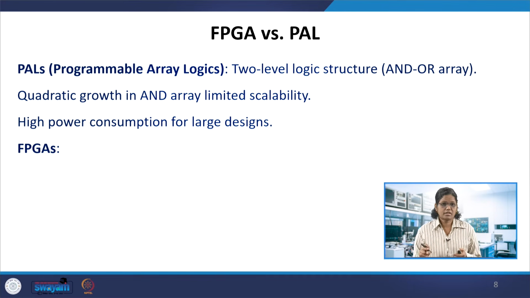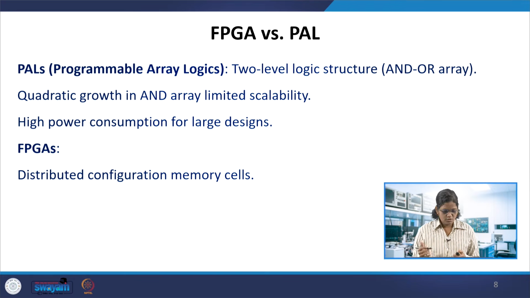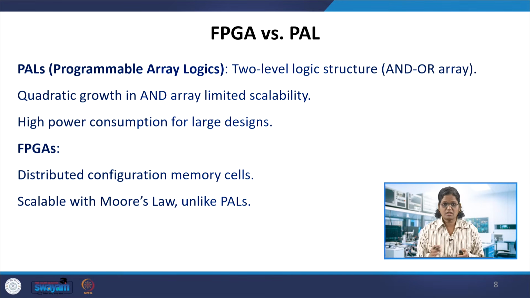And when we consider FPGAs in that duration, as we had seen in the previous lecture, the generic architecture has memory LUTs, or the logic blocks, which are the distributed configuration memory cells. That is the greatest advantage in FPGAs, and this is scalable according to Moore's law.